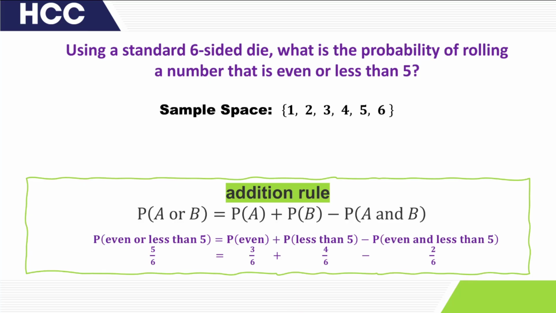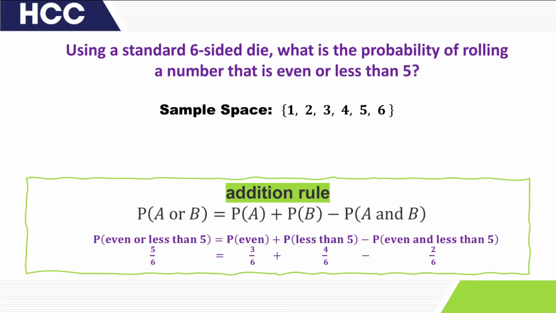Well, we don't like probabilities that are greater than 1. Probabilities are, remember, numbers that have to be between 0 and 1. So in this situation, we need to subtract any of the numbers that were both even and less than 5. If we look at the sample space, the numbers 2 and 4 got double counted.